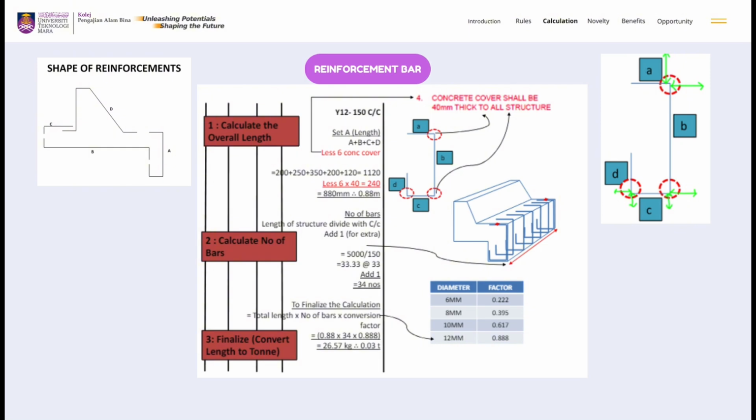To determine the factor, use the diameter of bars given in the notes. If the notes state 12 mm, then you can use the factor which is 0.888. And finally, don't forget to convert the answer to ton, which is 0.03 ton.